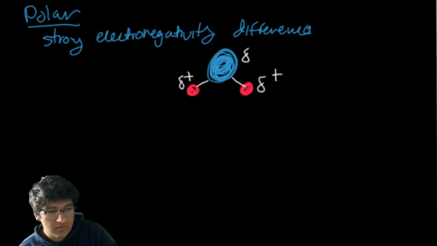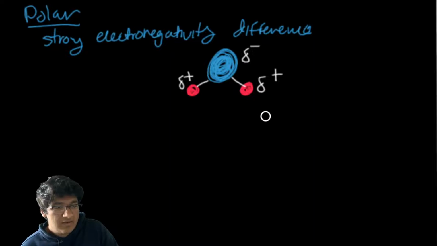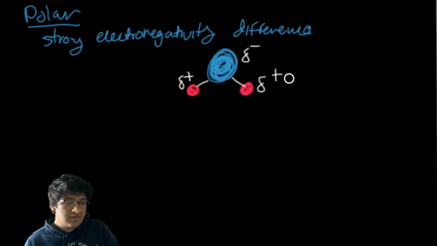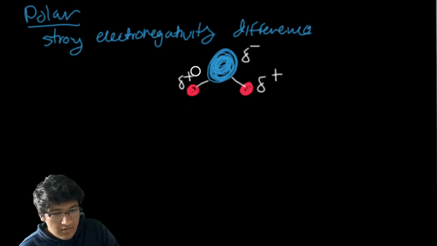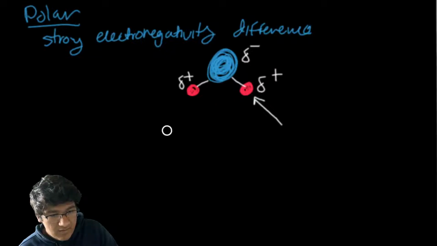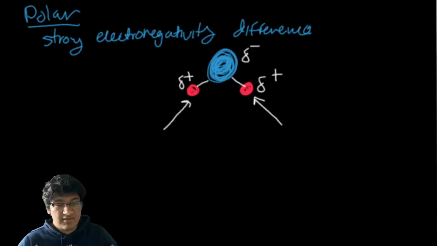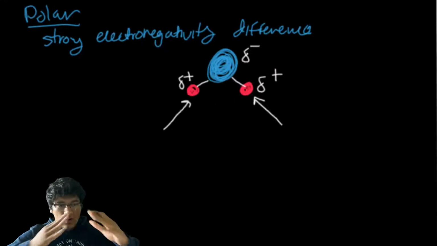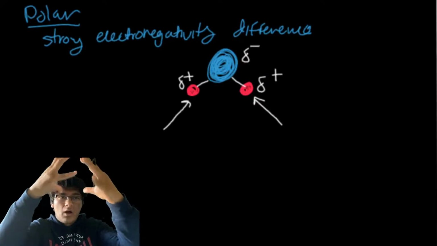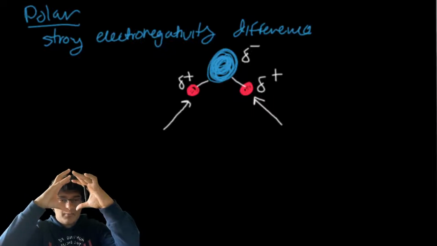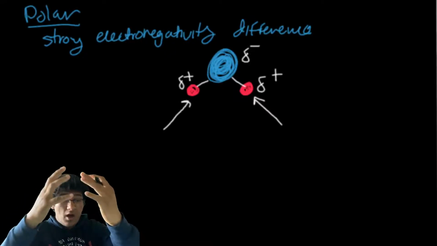The partial positive charges will be attracted this way, so the vectors would be this and this, which is the electrostatic force, creating more of a charge distribution on the oxygen.